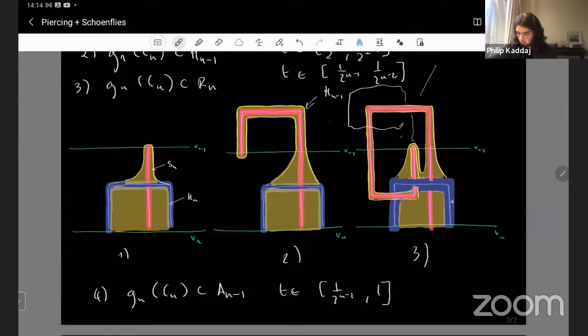And this was a tubular neighborhood of it. So we can continue this process. For example, if we pick a_n to be tubular neighborhoods of radius 1/4 to the n minus 1, then it works.